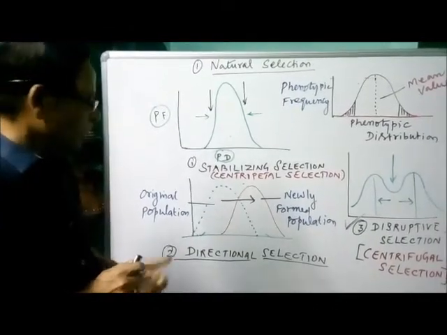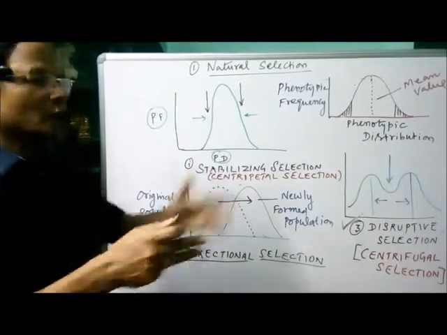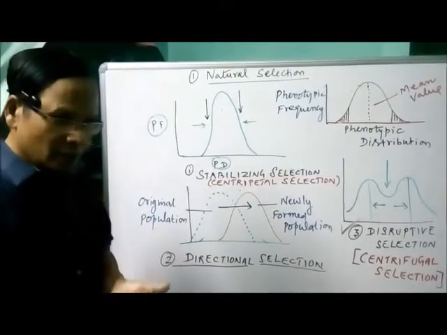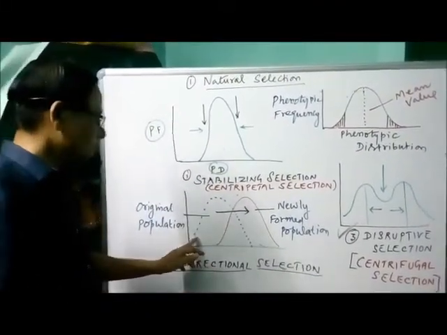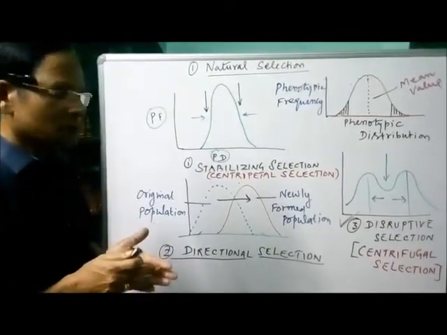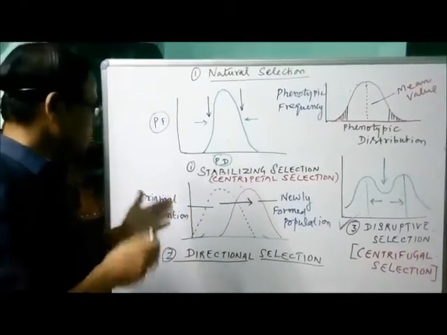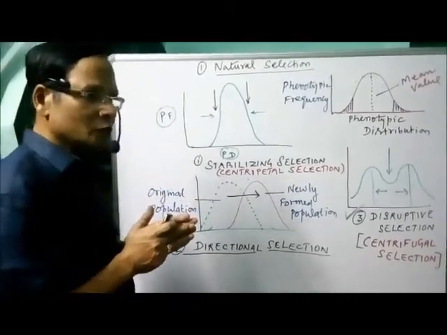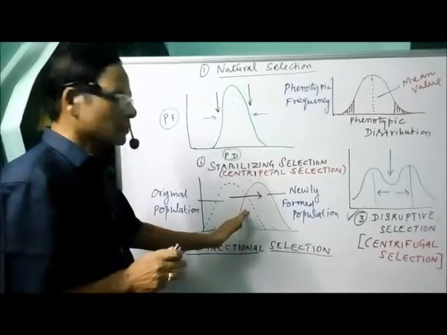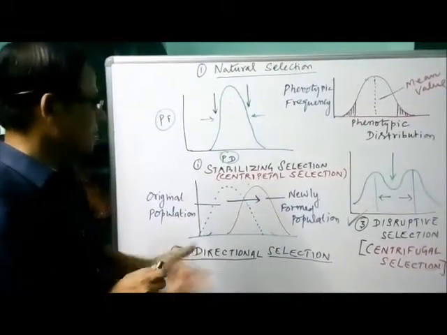That means individuals other than the mean value are favored. If you are taking the length of neck, either the short neck or the long neck is favored. Individuals other than mean value are favored. This is actually removing one type of individuals and shifting the mean value towards another direction, hence called directional selection.